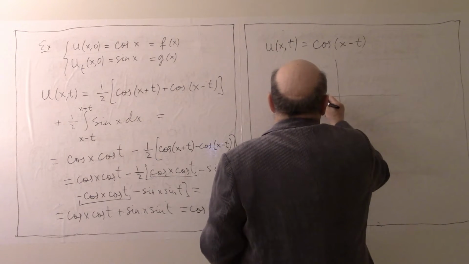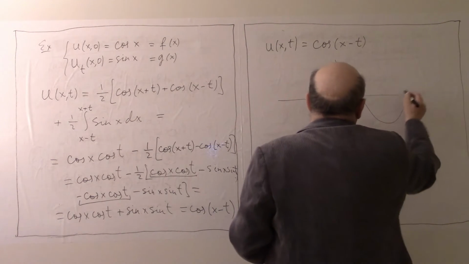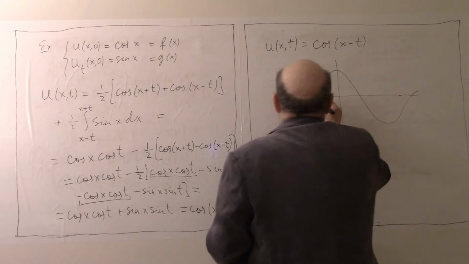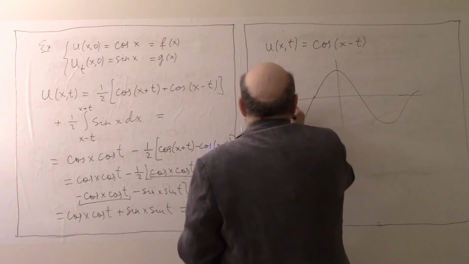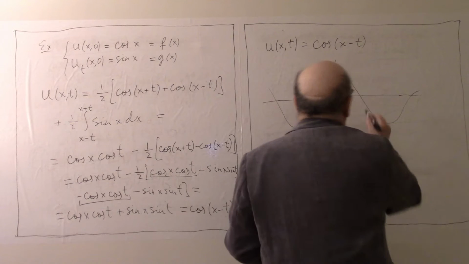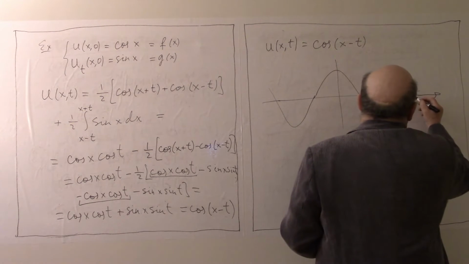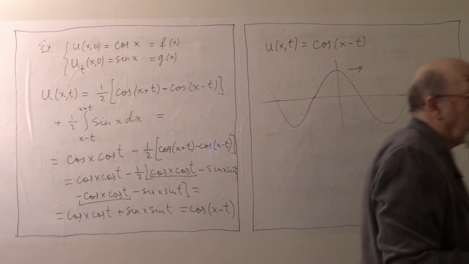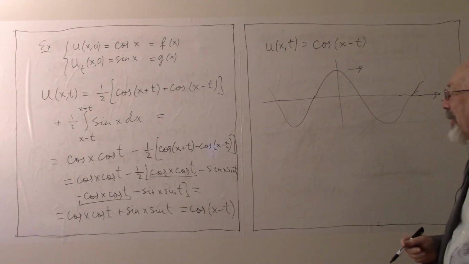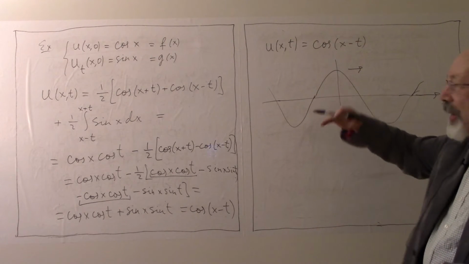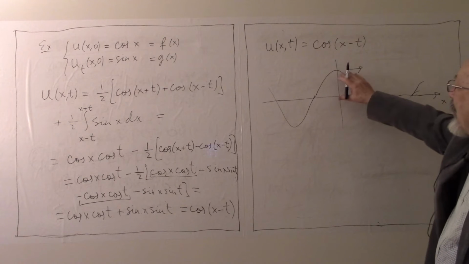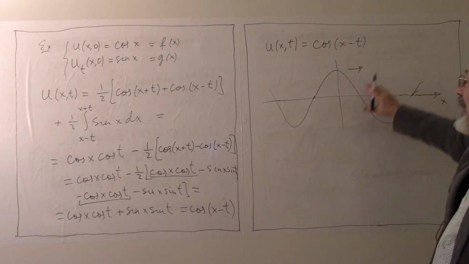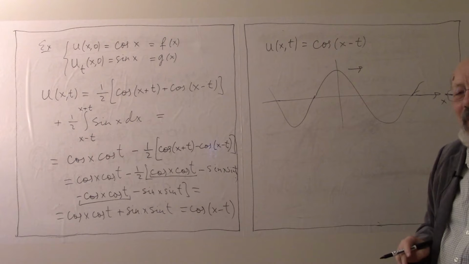It means that this wave is moving, in this case to the right with unit speed. Yeah? When t grows, for any t, this apex will be displaced by t.